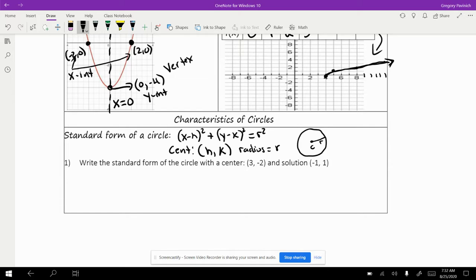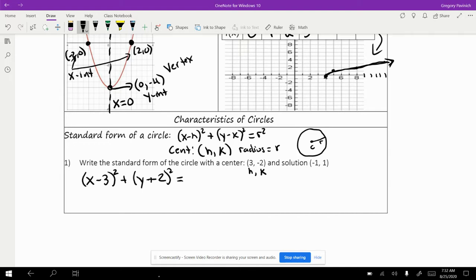Okay, so when I write this problem out, this is my h, and this is my k. So I'm going to write my center, x minus 3 squared, notice they switch signs, plus y minus a negative 2, which changes it to a positive 2, squared is equal to the radius.